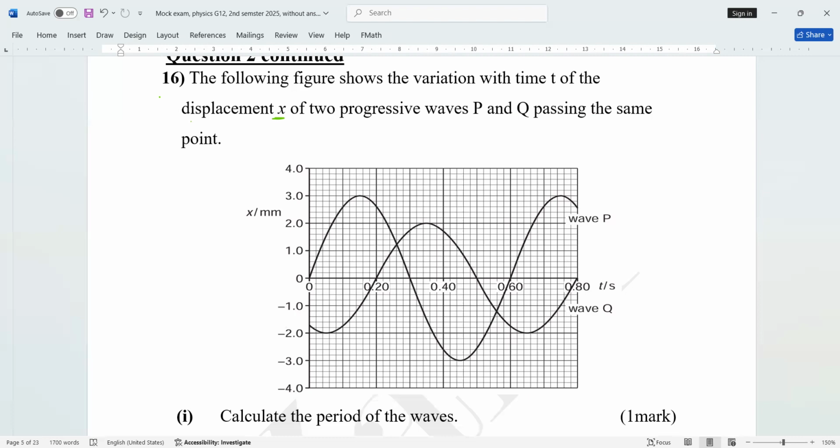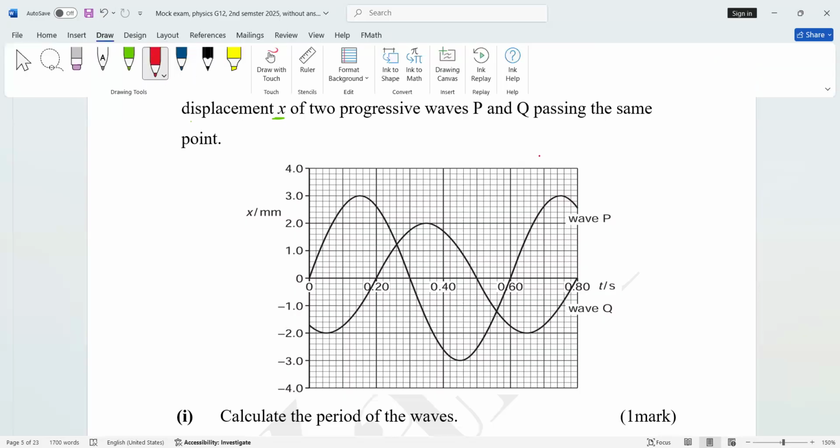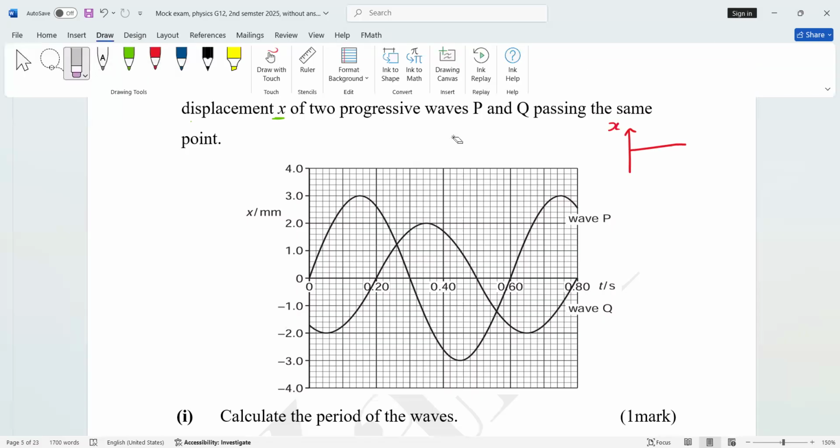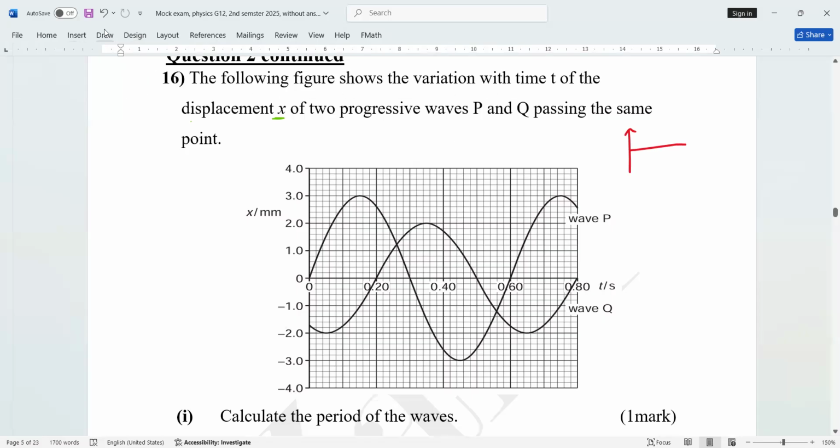Remember, in waves, we have displacement time. So this is displacement, or we can say it's y, it's better.